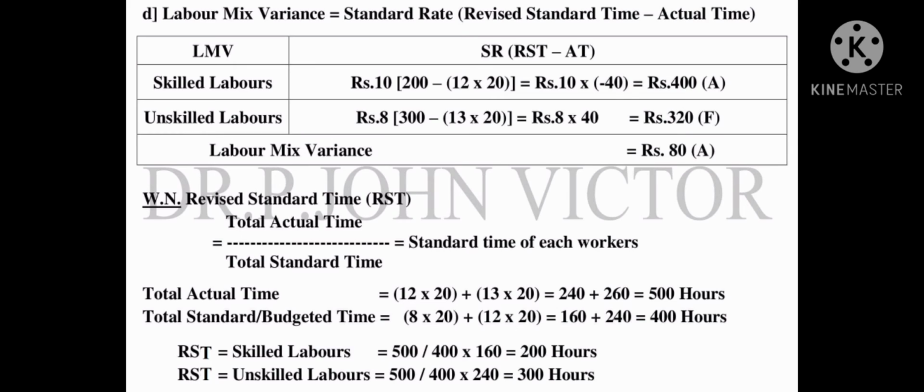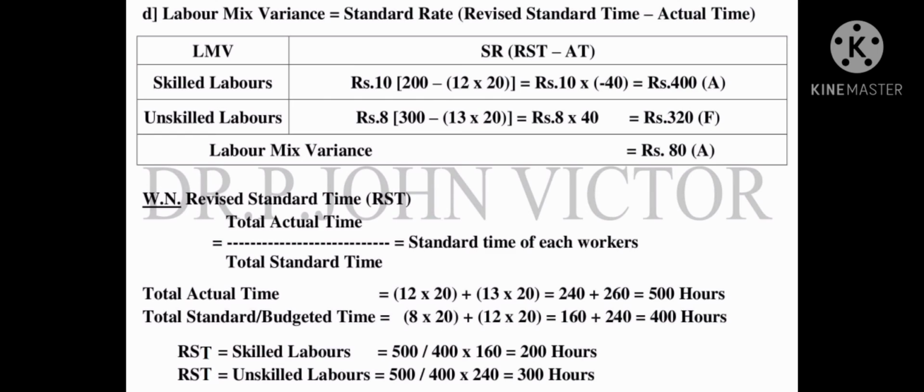Multiply 10 with minus 40, because 200 minus 12 into 20, that is 240, finally we get the minus 40 value. So we get an adverse value in the total figure. That means 10 into minus 40 is 400. It is an adverse value of skilled labors.